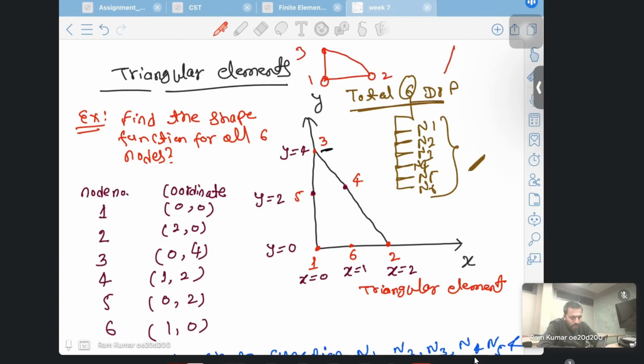But in this problem we have a total of 6 nodes. Initially I will give you a little intro about how to calculate the shape function and strain for this triangular element. Then we will come back to this problem and see how we can solve it.